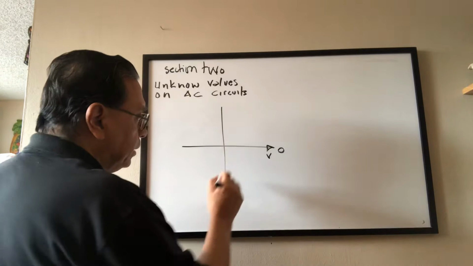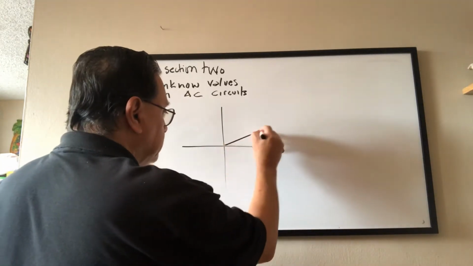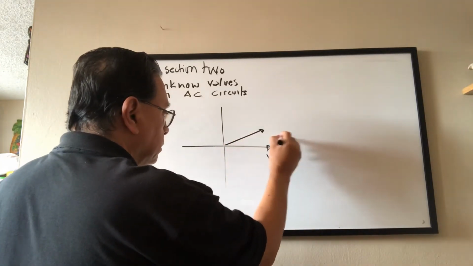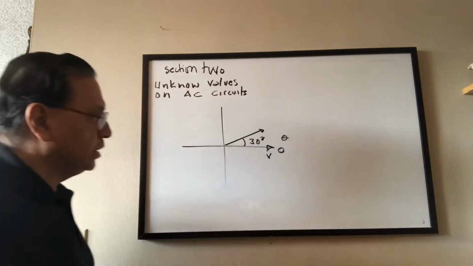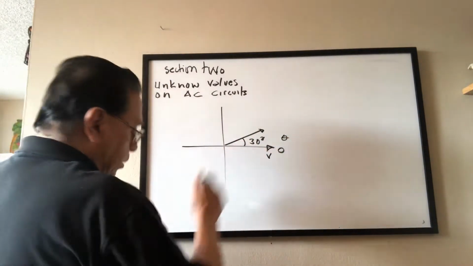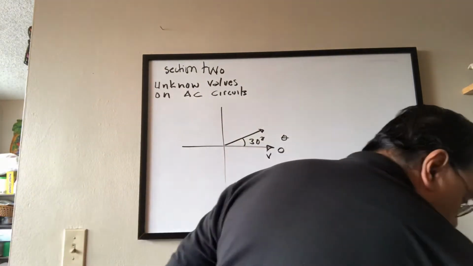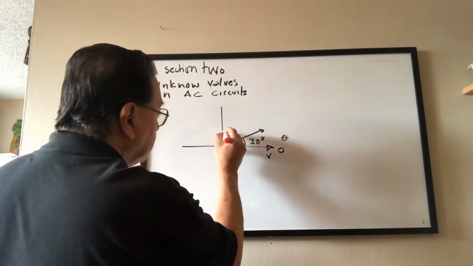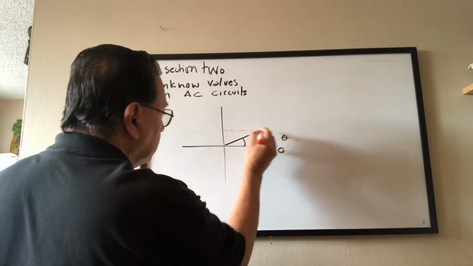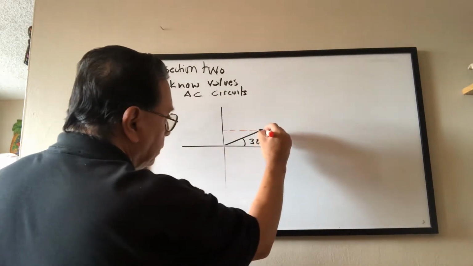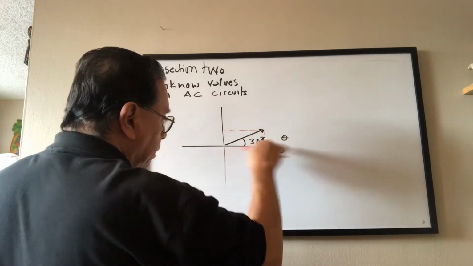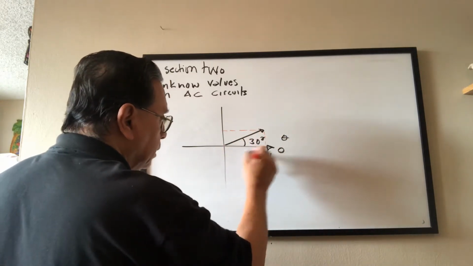When we have this opening, theta is there, and theta is equal to 20 degrees. We consider the projection of theta on the vertical axis y, and the projection on the horizontal x.